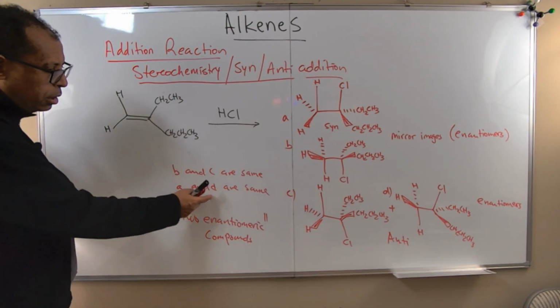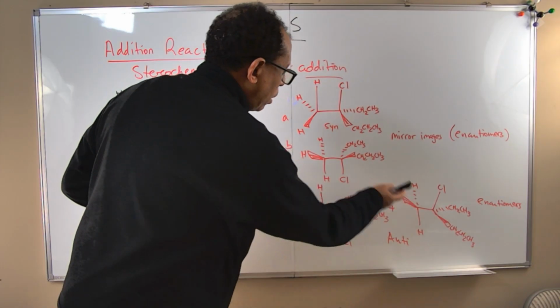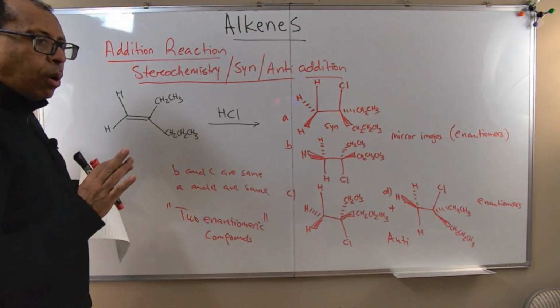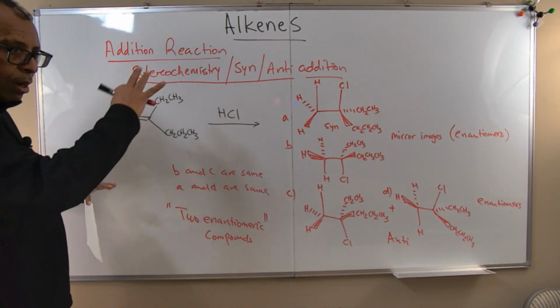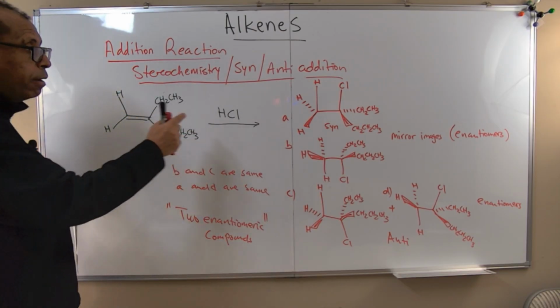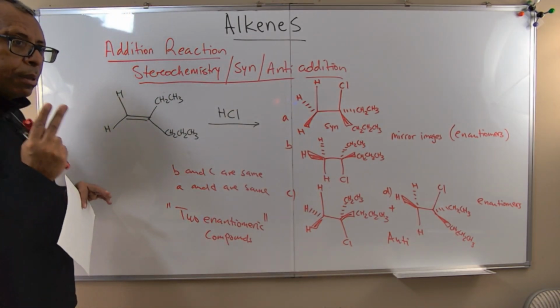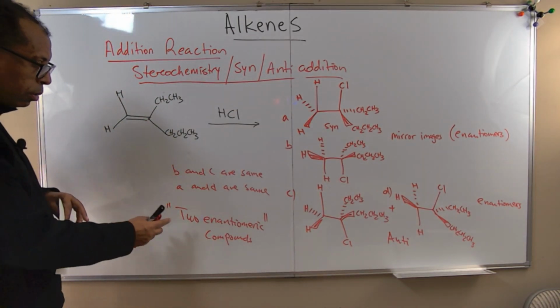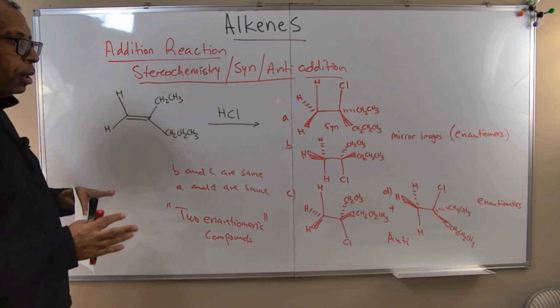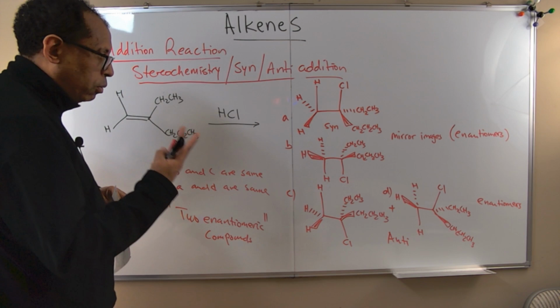And A and D are the same compound. So in actual case, even though there are 4 possibilities for this particular compound, because we don't have a stereocenter here, only 2 compounds are formed. Those are 2 enantiomeric compounds. They are mirror images to one another. That's why they are 2 different compounds.